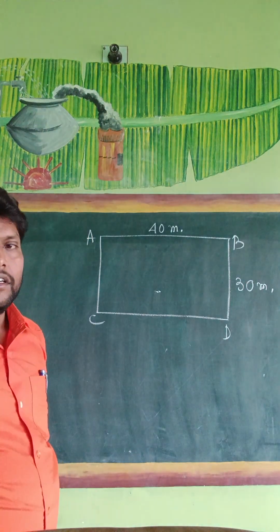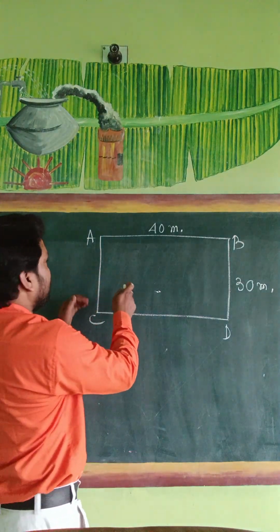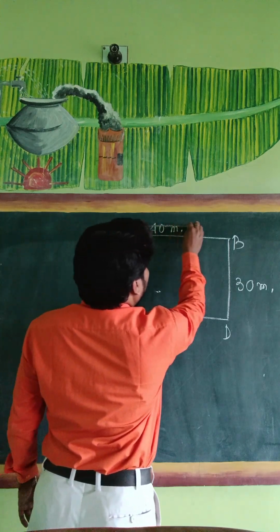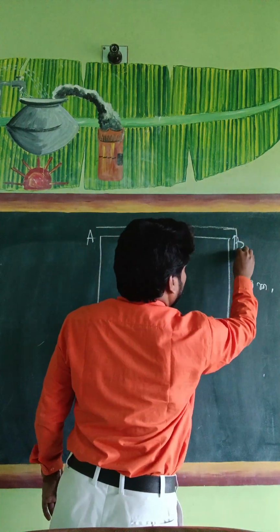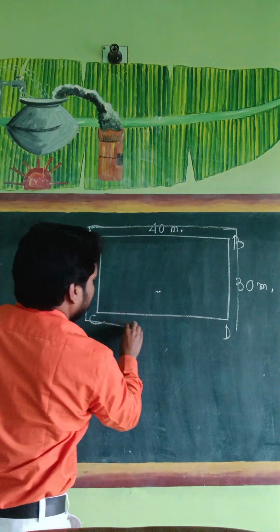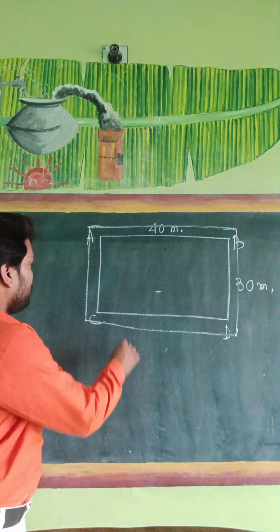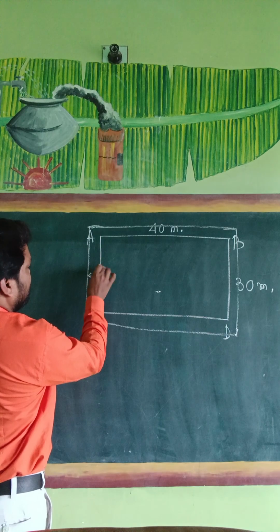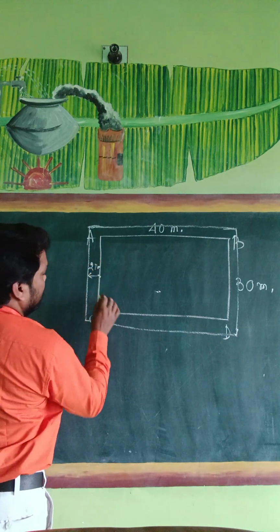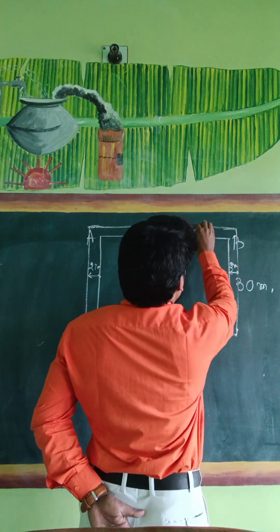Suppose the problem is like this: outside the rectangular field there is a path, and its breadth is 2 meter on all sides.